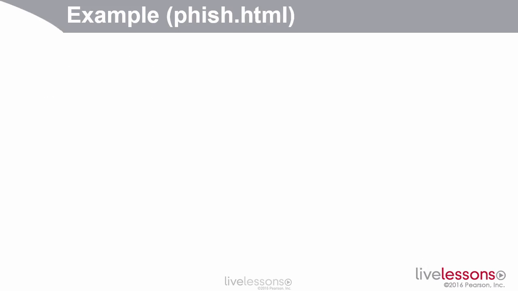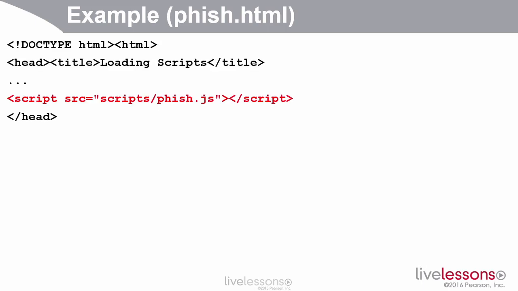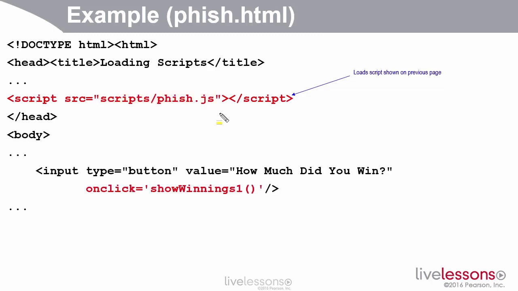Okay, let's make an HTML file that will use this JavaScript file. So in the head section, we will put a script tag, and the job of the script tag is to load the JavaScript file shown on the previous slide. It doesn't execute any of the functions from that file, it just loads the function definitions. Then I have a push button that uses the onClick attribute.